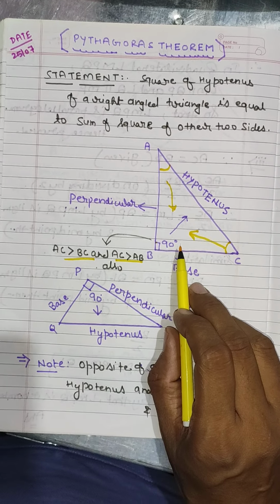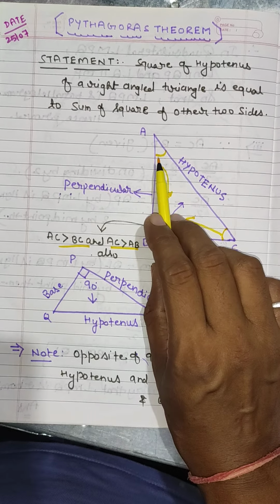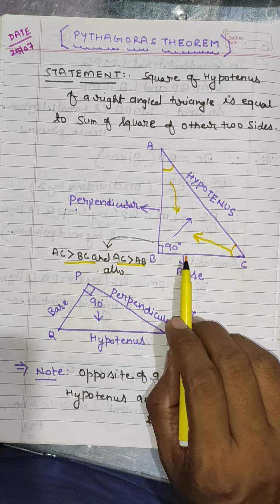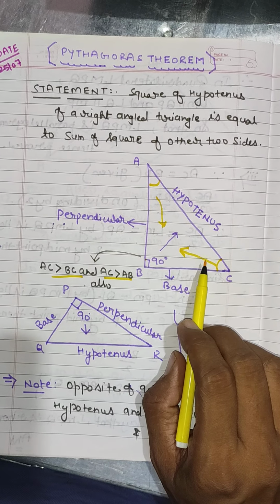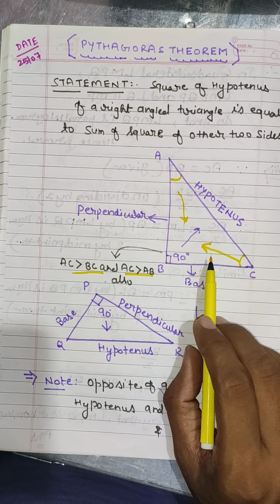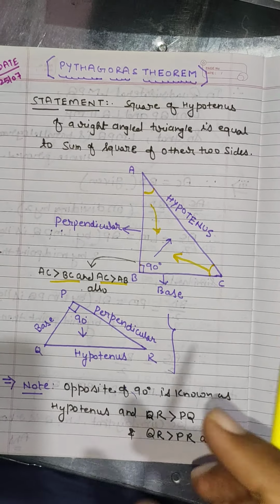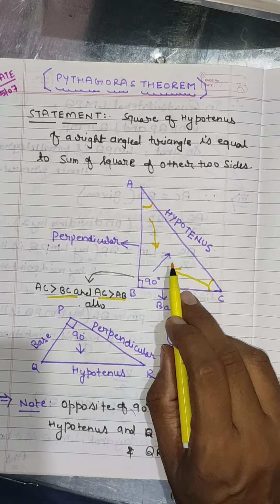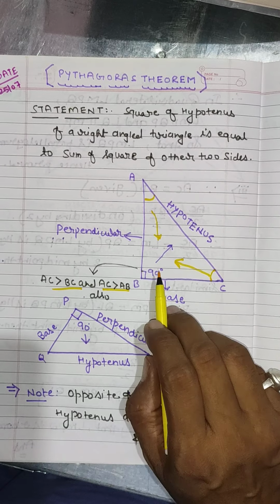I repeat again for making clarity. There are three angles in this whole figure: angle A, angle B, angle C. Angle B is more than angle A, and angle B is more than angle C. So if angle B is more than angle C, the side opposite to angle B, that is the hypotenuse, will be more than the side opposite to angle C, that is the perpendicular. Similarly, angle B is more than angle A, so the hypotenuse is more than the side opposite to angle A, that is the base.